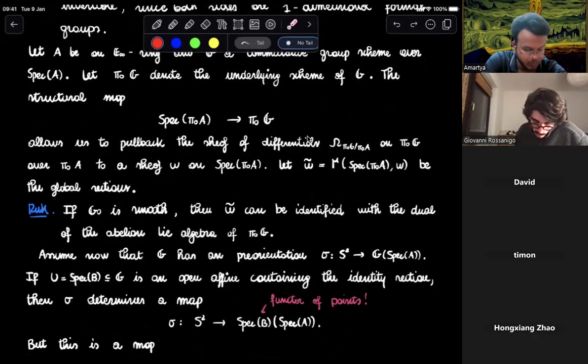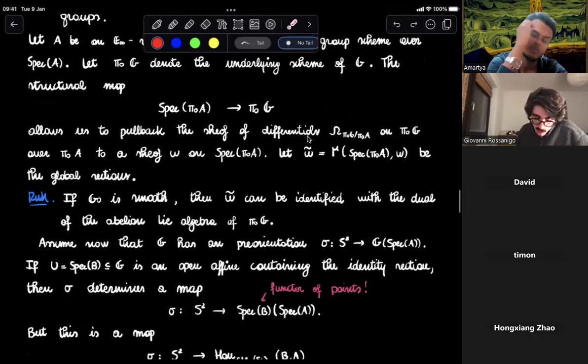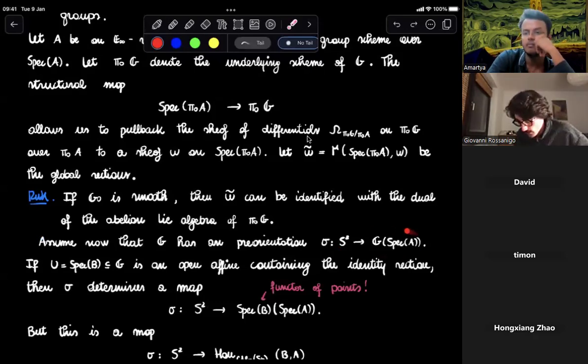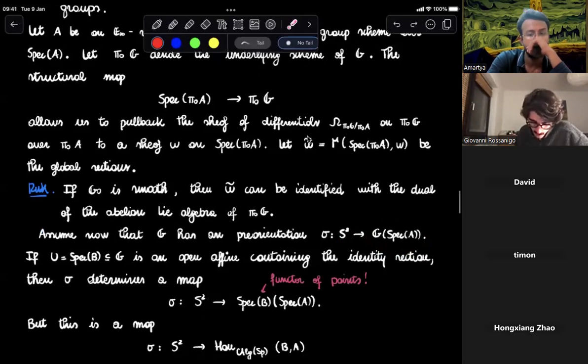What we can do is look at an open affine that contains the identity section of the structural sheaf over G.